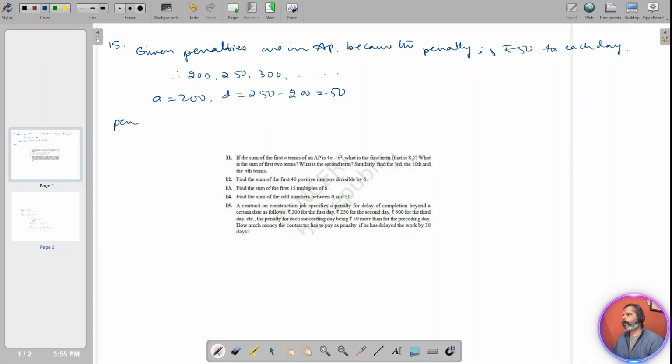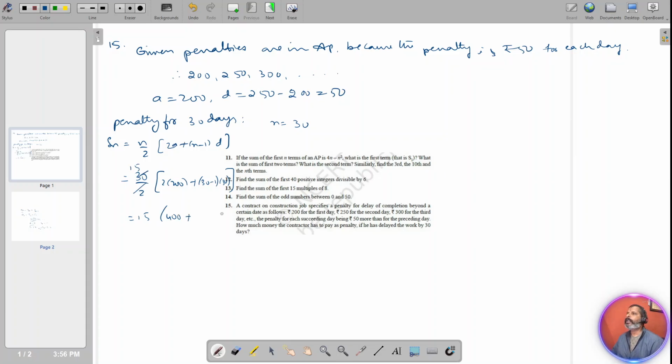So penalty for 30 days is Sn is equal to N by 2, 2A plus N minus 1 into D. 30 by 2, N is equal to 30, you write. 2A means 2 of 200 plus 30 minus 1 into 50. 15 of 400 plus, 30 minus 1 is 29, 29 times 50 is how much?